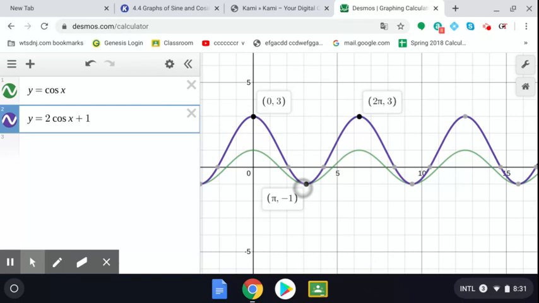So 0, 3, pi, negative 1, and then this would be pi over 2. Okay, so here you go. 1, 2, 1. Oh, here we go.